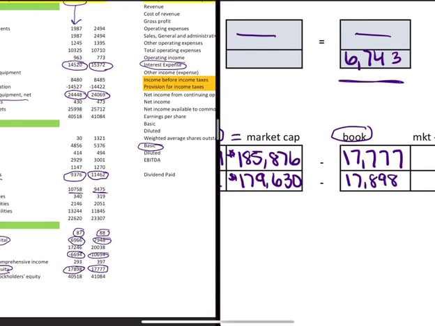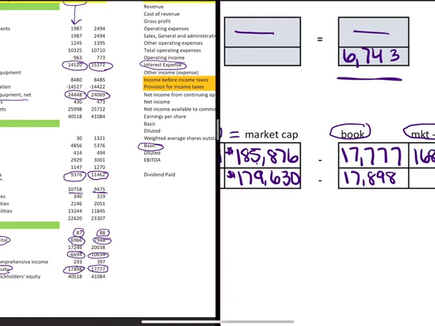Then we calculate the difference between the market value and the book value for each year. So we're going to take the 185,876, subtract the 17,777, and the difference is 168,099. For 2014, we do the same thing.